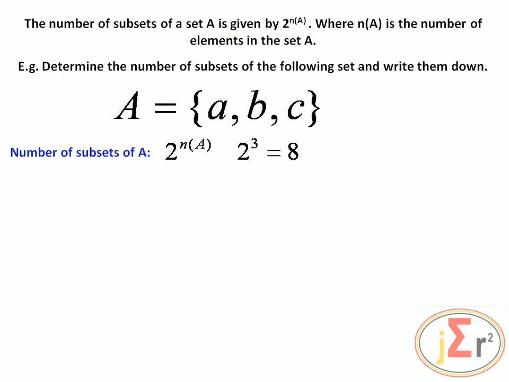So the number of subsets will be 2 to the power of 3, and 2 to the power of 3 is equal to 8. That is 2 times 2 times 2, 3 2's multiplied together, and that gives 8. So we will have 8 subsets.